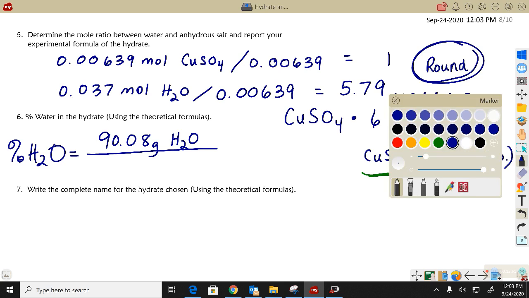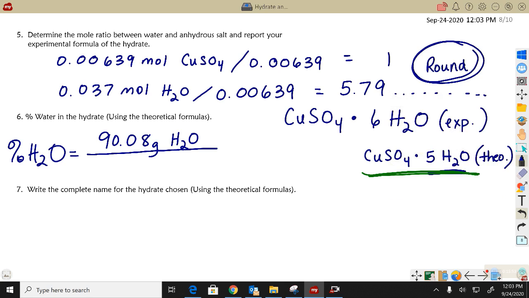The dot just means that the water molecules are loosely embedded amongst the copper sulfate units in the crystal structure. It just means that they're not chemically joined together, that if I gently heat the hydrate, all I'm doing is evaporating the water and leaving behind the salt. It's a physical change. No chemical bonds are being broken.